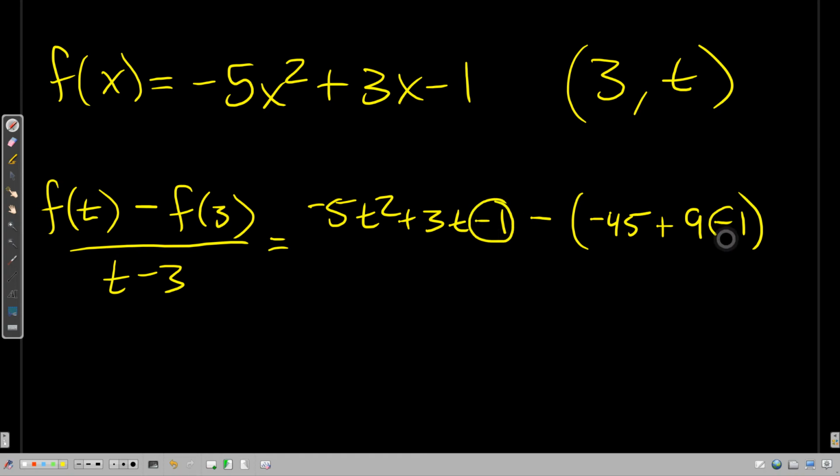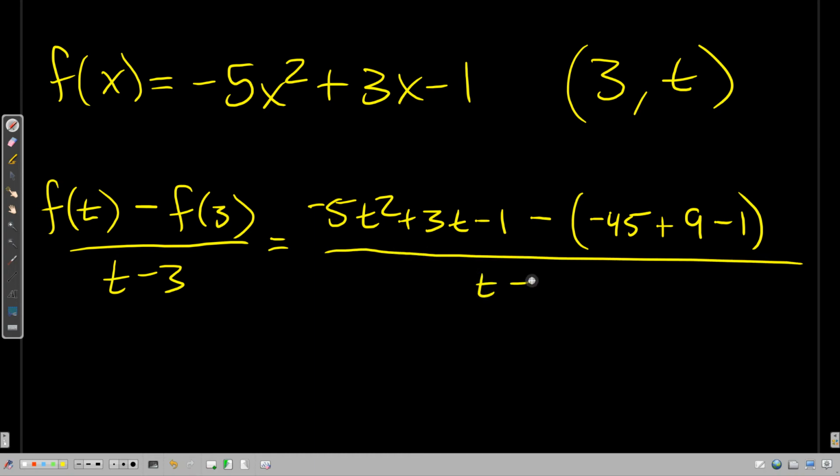Right, so this minus 1 here is going to cancel with that minus 1 there once you distribute. t minus 3 is in the denominator. So I would be having minus 5t squared plus 3t, and then that's going to cancel with this.